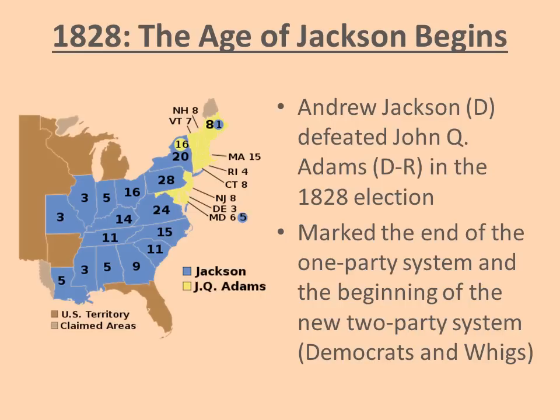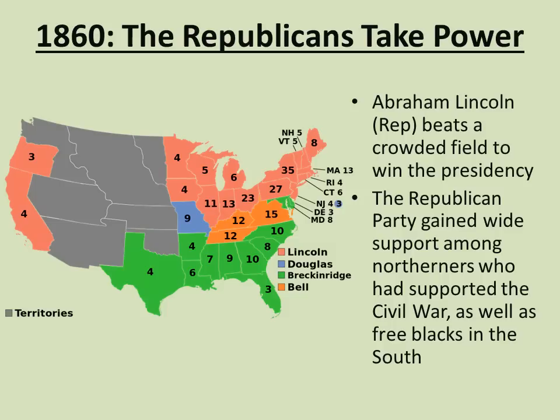The next major realignment occurs in 1860 on the eve of the Civil War, when Abraham Lincoln of the new Republican Party beat three other candidates to win the presidency.